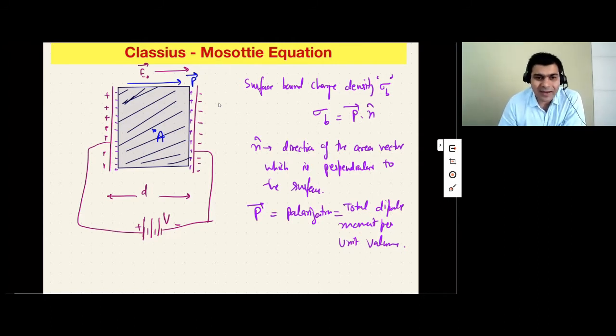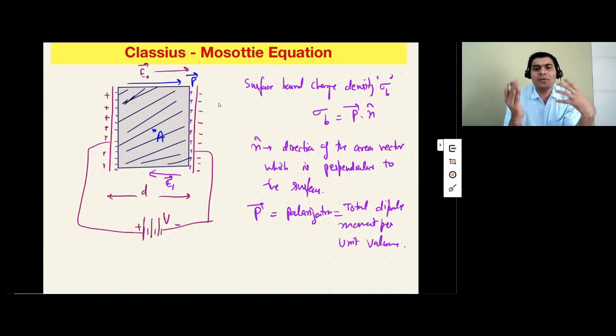E0 is the applied electric field, which is uniform between these two plates, so A will feel E0. And there is an electric field due to the bound charges that we have just seen. The direction of that electric field, let's say E1, is opposite to E0 because of the opposite polarity of the charges. So that will also act on A.